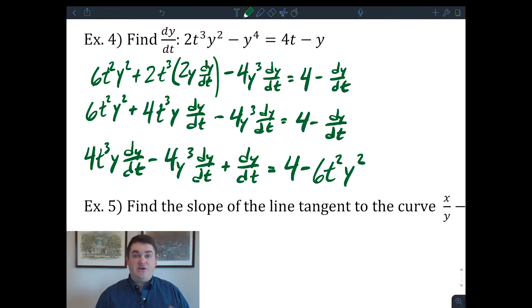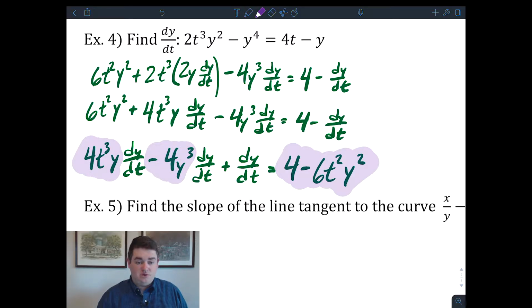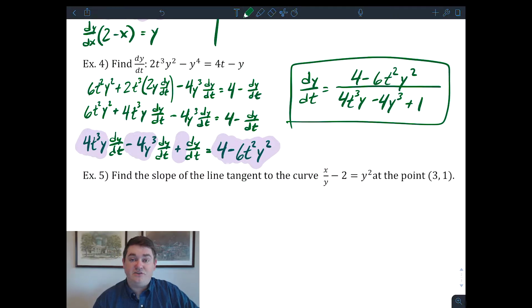And here you can take a look and hopefully notice what I was talking about just a moment ago. I know the next two steps are factor out dy dt and divide. So my final answer is going to have a numerator of 4 minus 6t squared y squared and a denominator of 4t cubed y minus 4y cubed plus 1. So if you understand that and you're comfortable making that jump, feel free to do so.